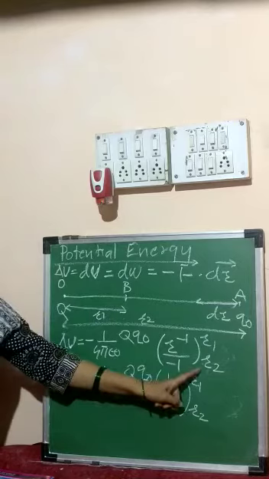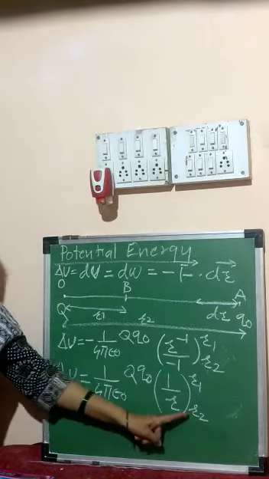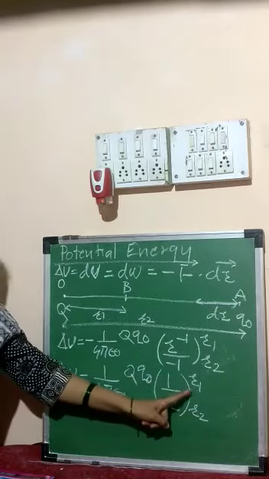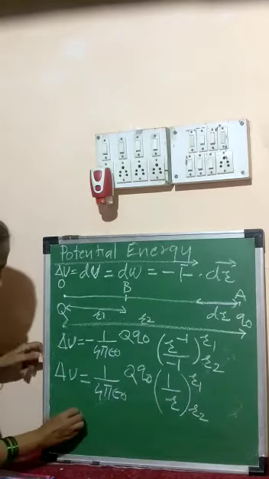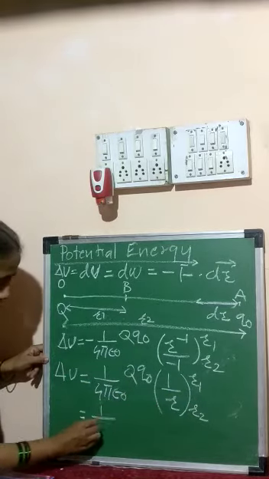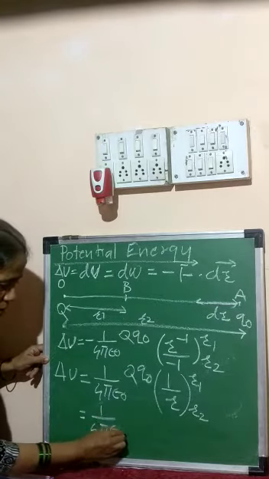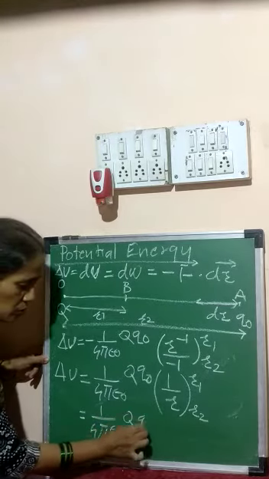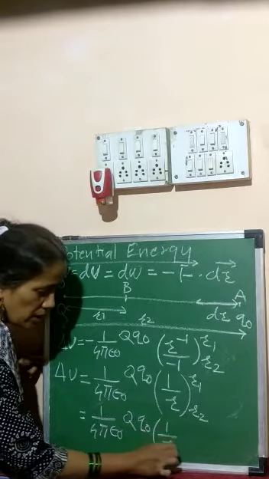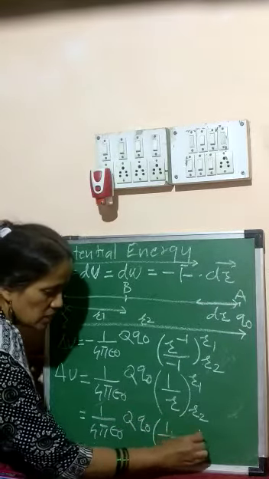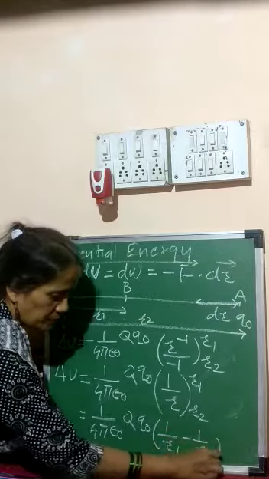Now I have to put the limits. While substituting limits in the place of variable, I first put upper limit minus lower limit. So your equation will become 1 upon 4 pi epsilon naught capital Q Q0 into bracket 1 upon R1 minus 1 upon R2.